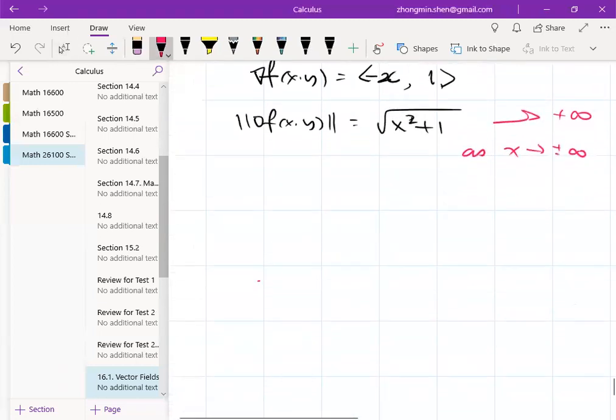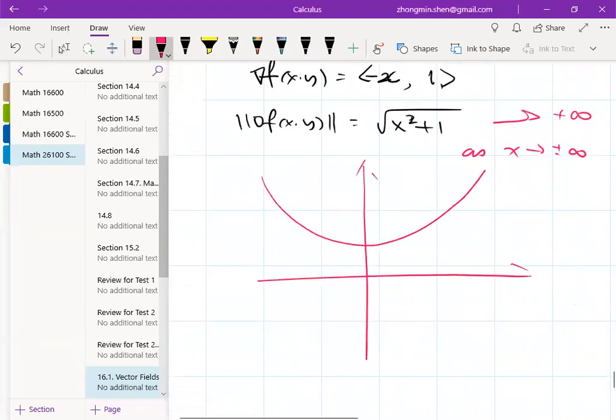Look at the graph. This is a parabola, and this is a vector. My question is, can you estimate the angle at a particular point x, y?